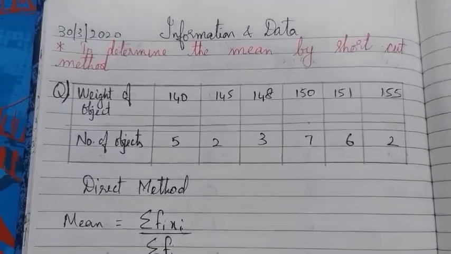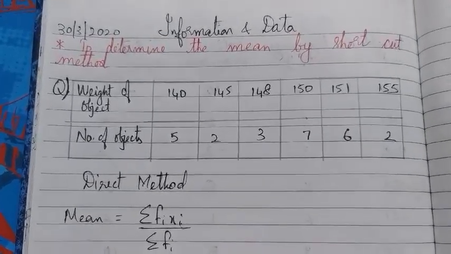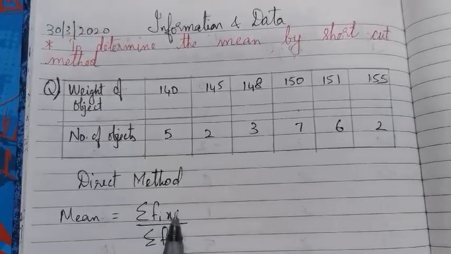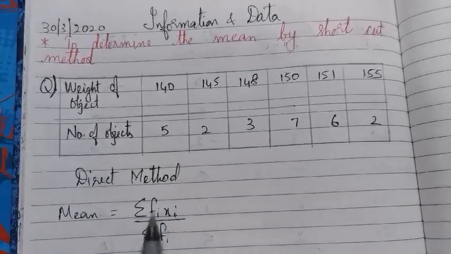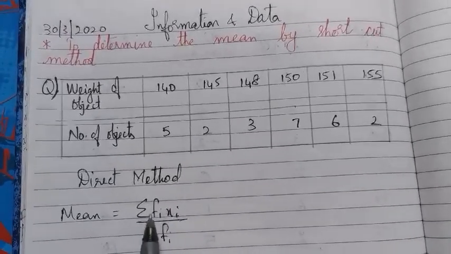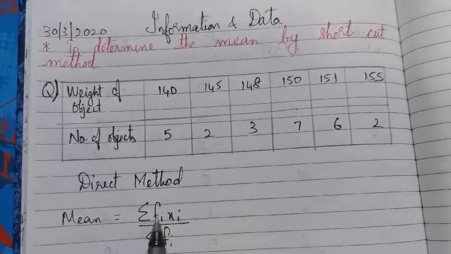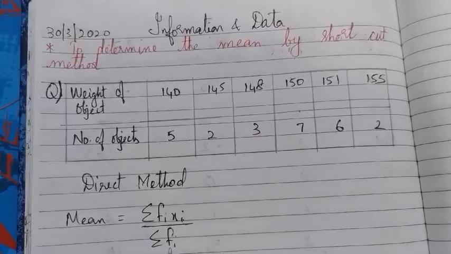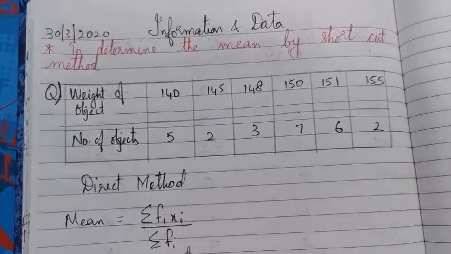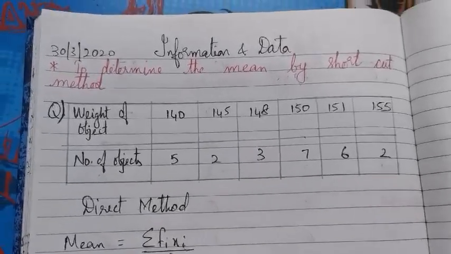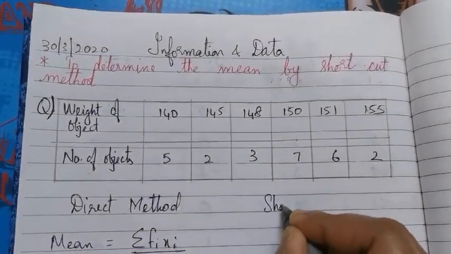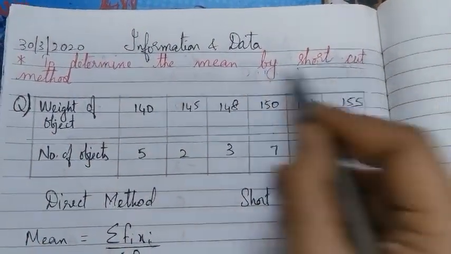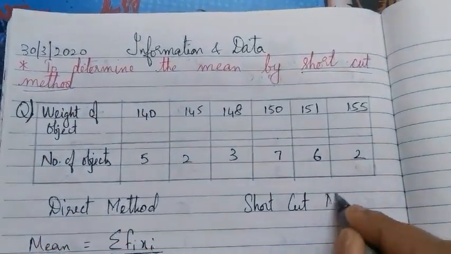So this was the formula you used for your direct method. That is, you had a frequency column, you had a mid value column, you multiplied each and every row the values of frequency and mid value and you found the sum of that divided by the total frequency.